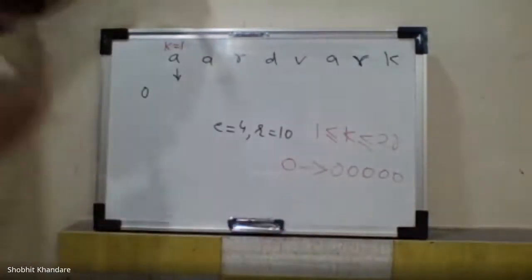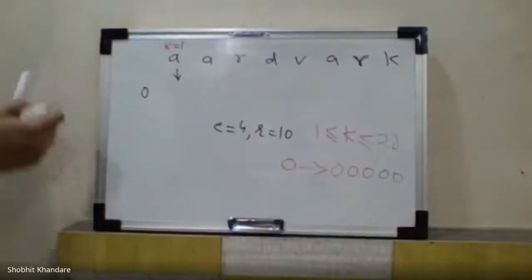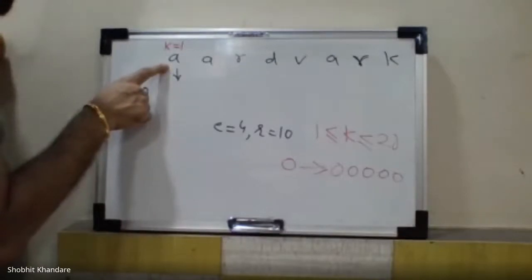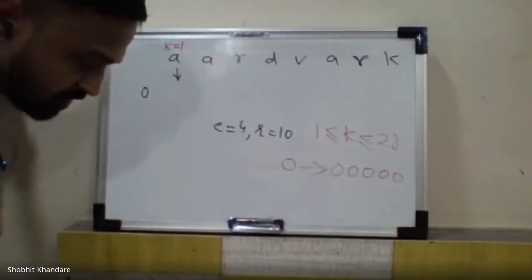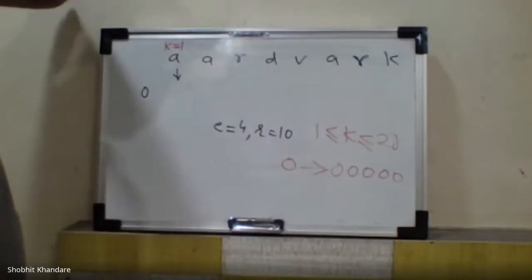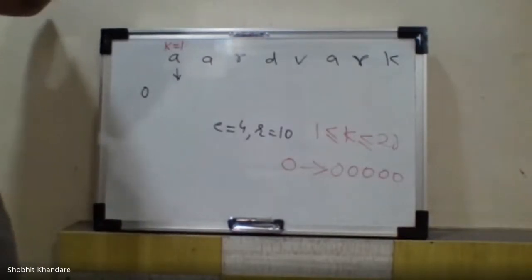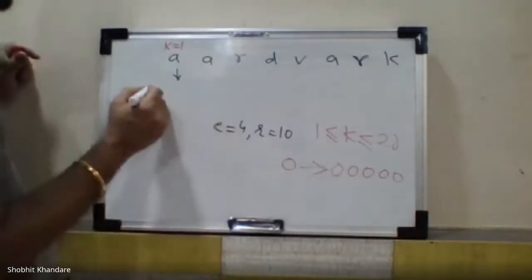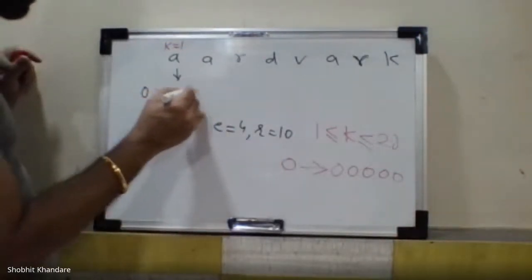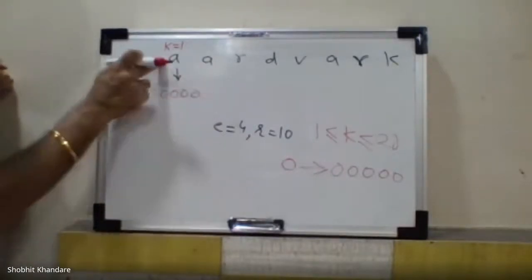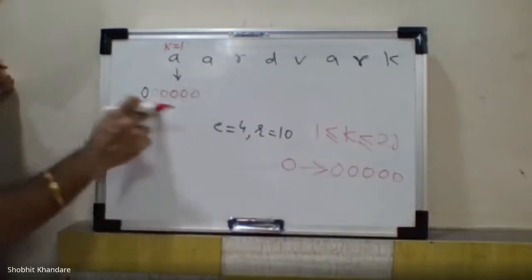Yes, sir. So when the symbol has come for the first time, you send the code for NYT followed by the fixed code. So it will be 0 followed by 0, 0, 0, 0, 0. This is the first code for A.